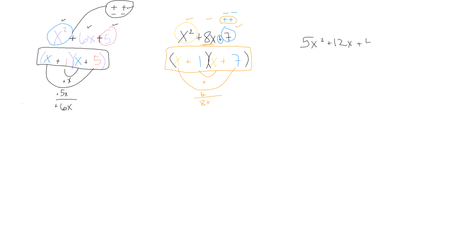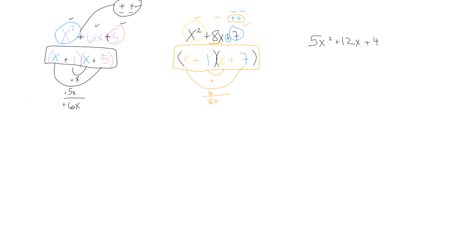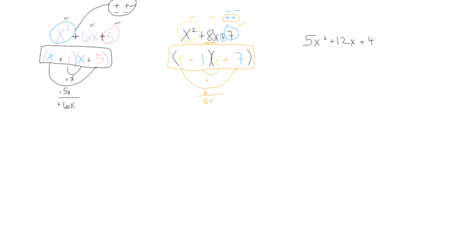5x squared plus 12x plus 4. So this, the difference between this problem and the others is what we call a leading coefficient. This first term doesn't have anything in front of it.